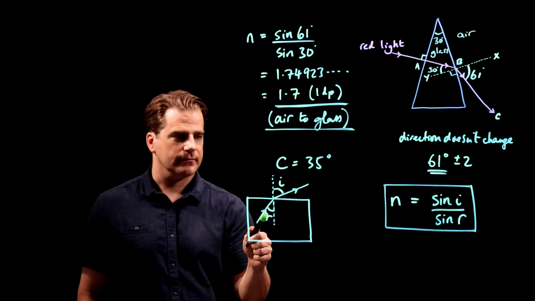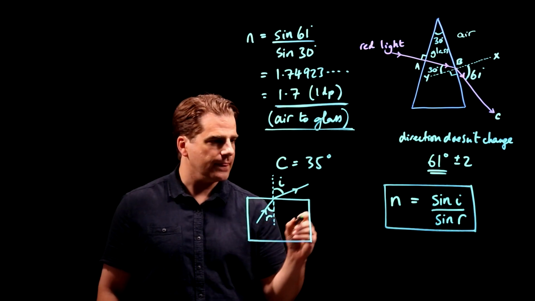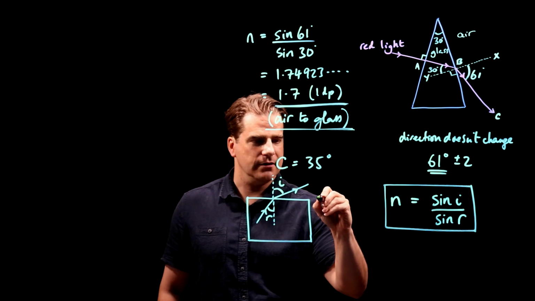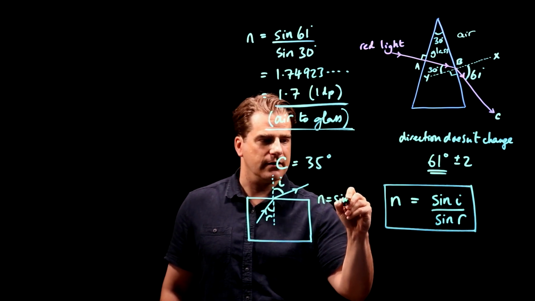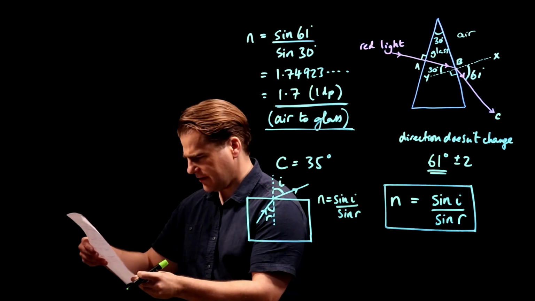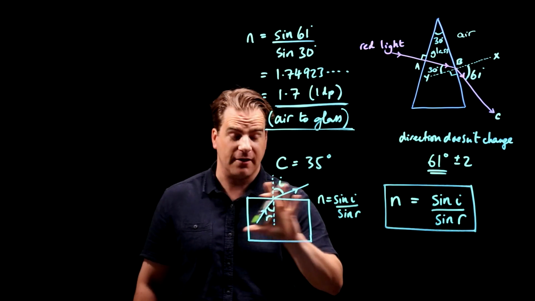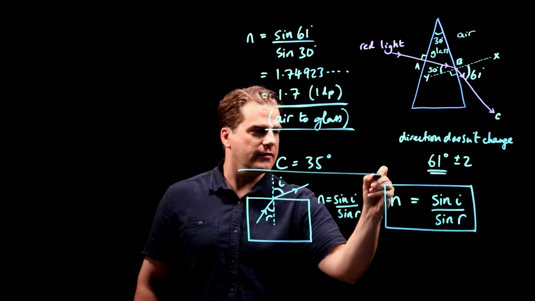Okay? So write down the equation. N is sine I over sine R. This is only a 2-mark question, right? Yeah, okay, so I'm going to go into this in quite a bit of detail. This will definitely get you the 2 marks. All right.